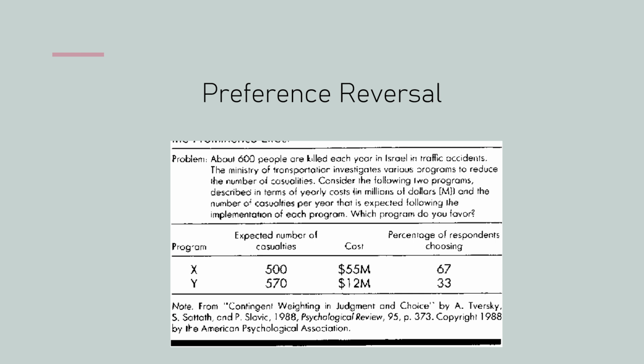And in doing that, they indicate a preference for program Y, even though in this scenario, most people will indicate a preference for program X. But if you ask them to give their value, what price program X would be as attractive, they provide smaller values than 55 million. So again, their preferences are being altered by the way in which the information is being presented when it's exactly the same information.